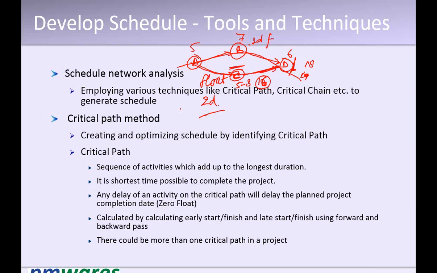So during the project, the critical path may change depending upon how fast or early things are happening. Suppose B finishes 1 day early, you can finish in 17 days. If it is finished 2 days early, you can finish in 16 days. If it is finished 3 days early, instead of 7 days you complete it in 4 days, your project will still take 16 days. At that time, this path will again be critical.